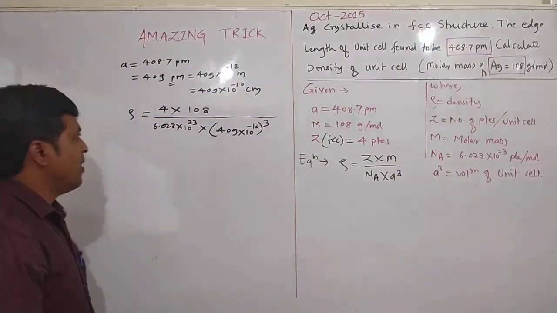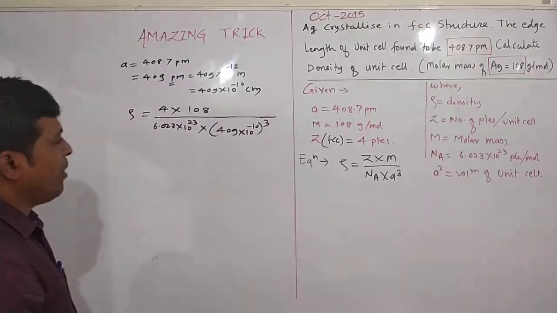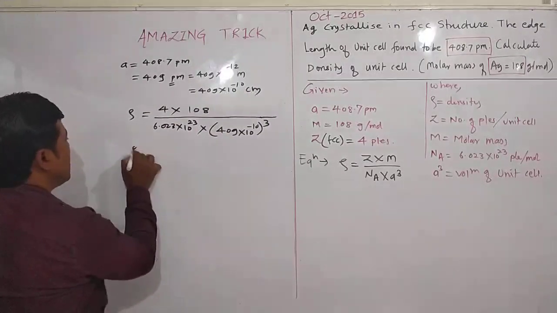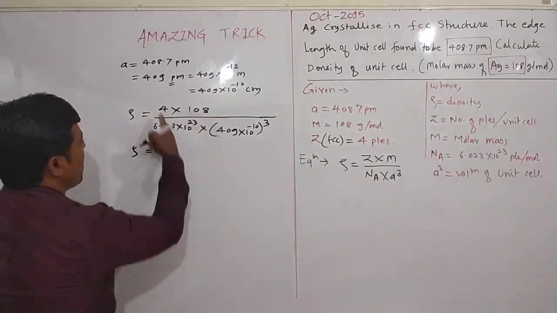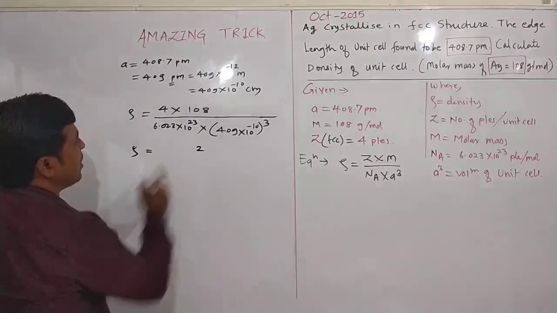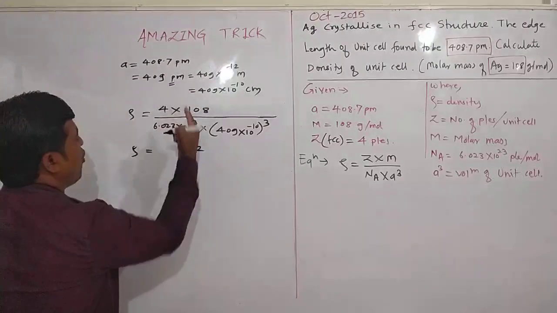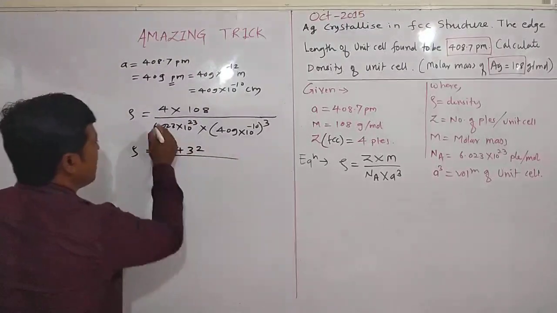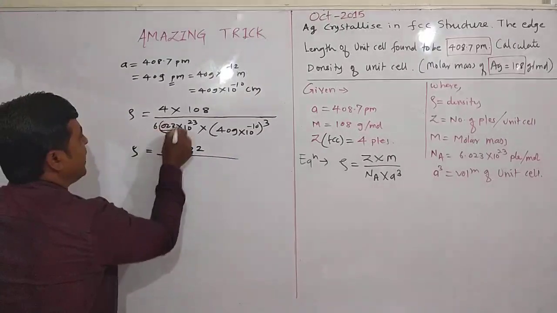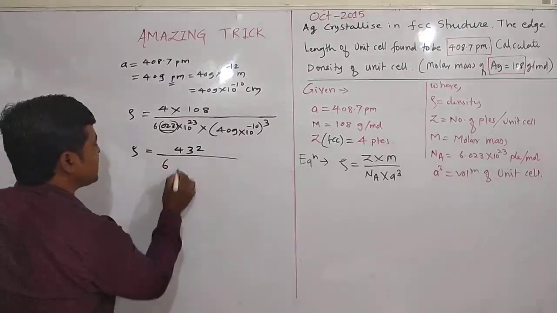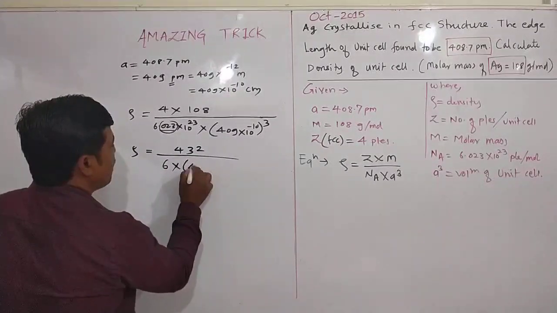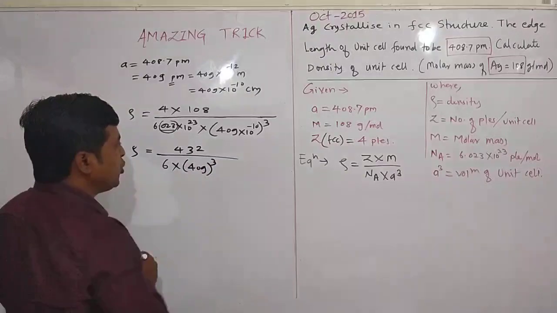Now what can I do? You have to multiply these two numbers. Density is equal to 8 4s are 32, 3 4 1s are 4. I can round this off, neglect this number, taken as 6, into 409 cube.